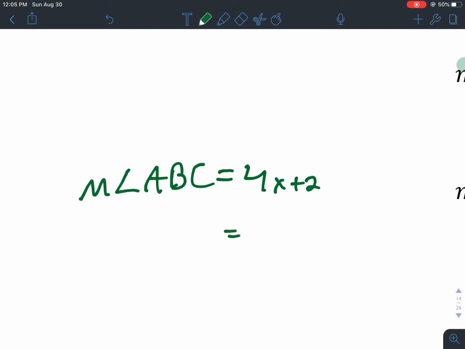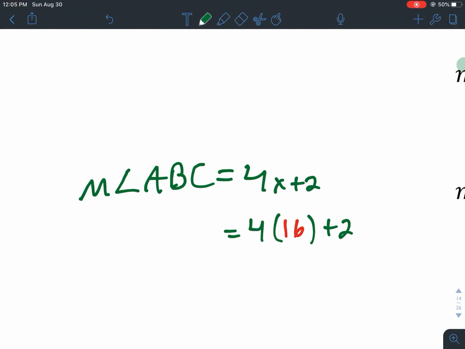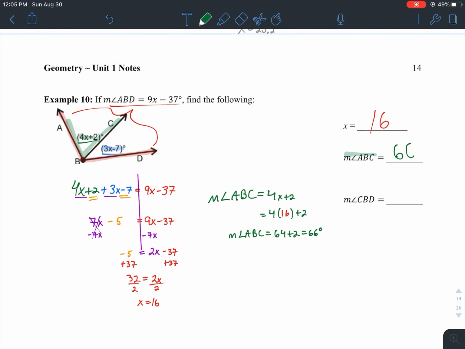So we know what x is. X is 16. That's what we found out. So we can get our calculator if you need it and figure out what this is. So the measurement of angle ABC: 4 times 16 is 64. 64 plus 2 is 66. So the measurement of angle ABC is 66 degrees.